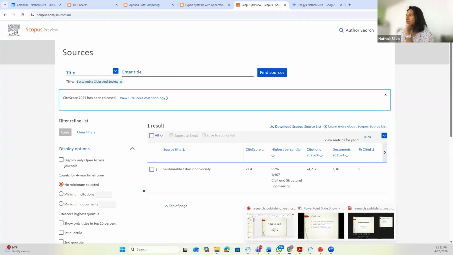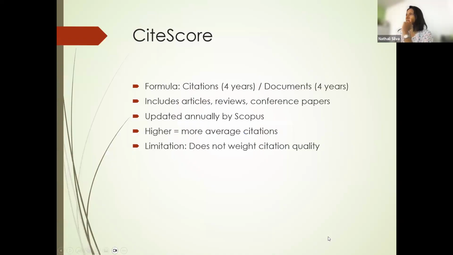Now let's see what this CiteScore is. How they calculate it is: the total number of citations that particular journal received throughout the last 4 years divided by the number of documents in the last 4 years.